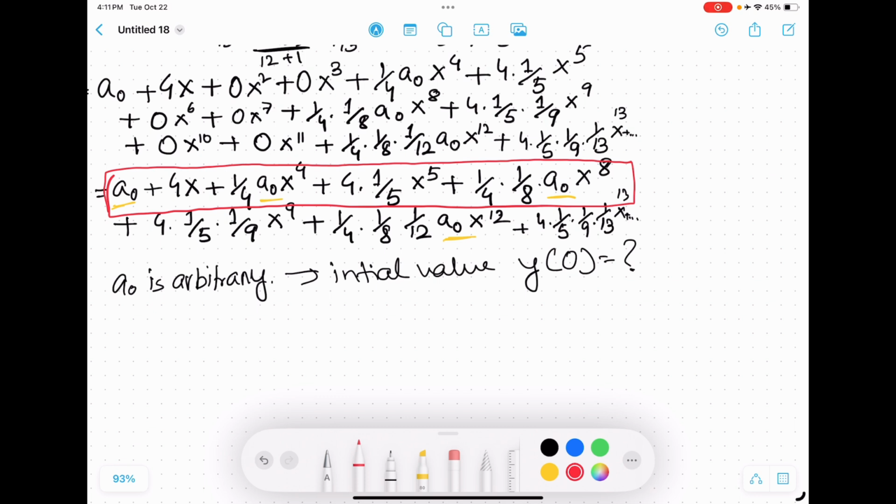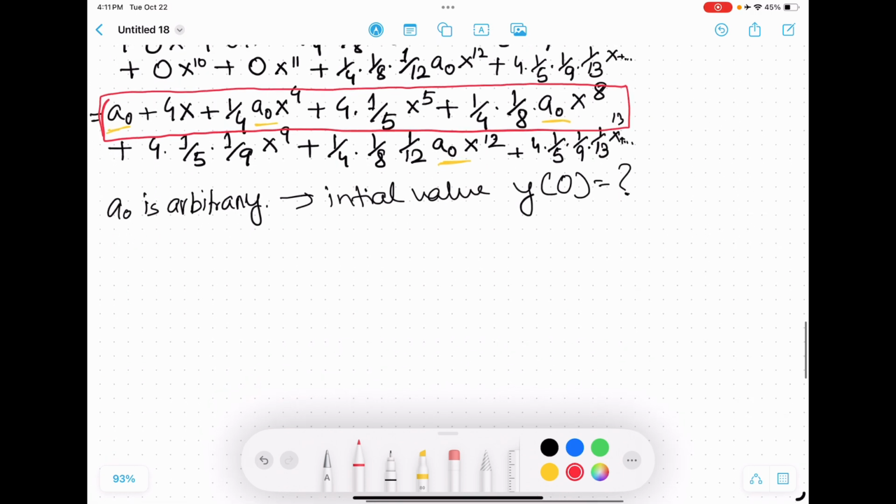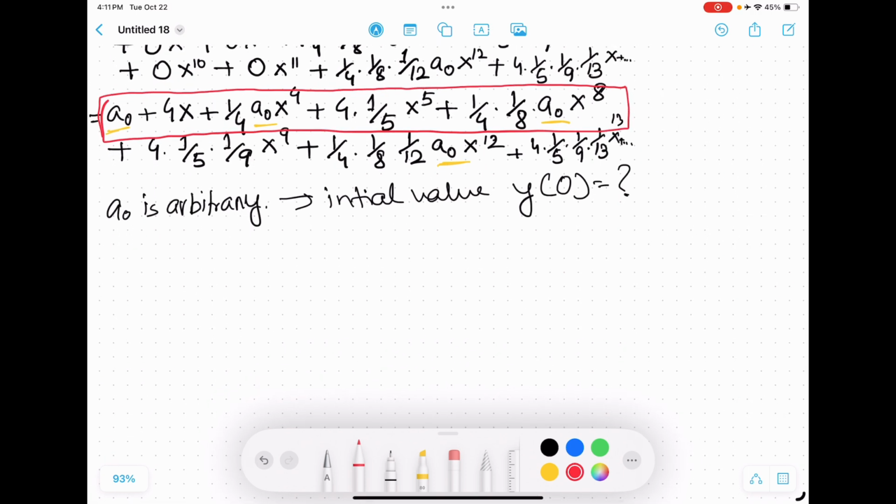So in order to see the pattern, let's just make it easier for us to see that. Let's separate our a sub zeros alternately. So I have 1 plus 1 by 4 a sub 0 x to the power 4 plus 1 by 4 times 1 by 8.